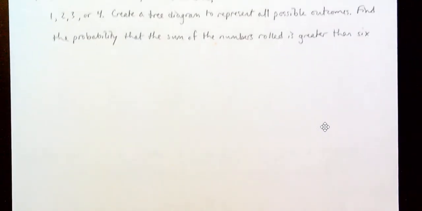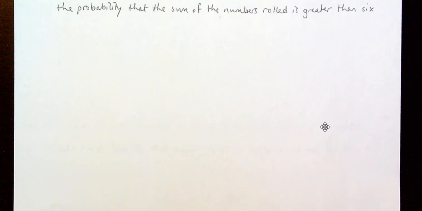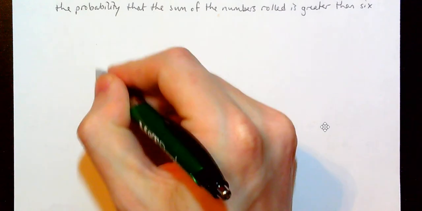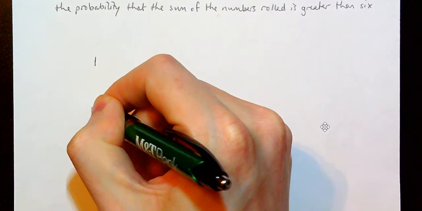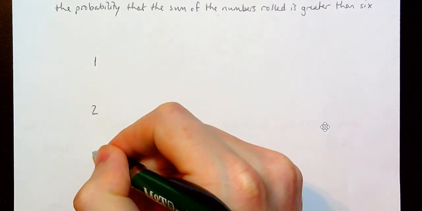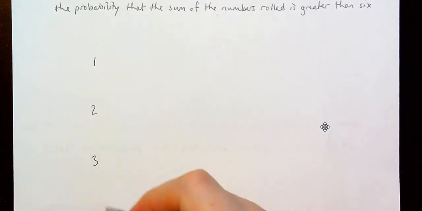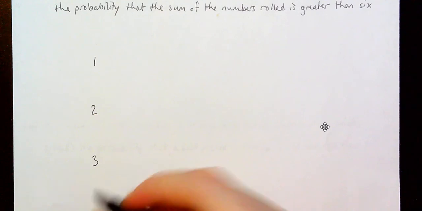So first, let's see what our tree diagram is going to look like here. We're taking two four-sided dice. We're rolling them both. So the first die you roll, you can have one of the following outcomes: 1, 2, 3, or 4.